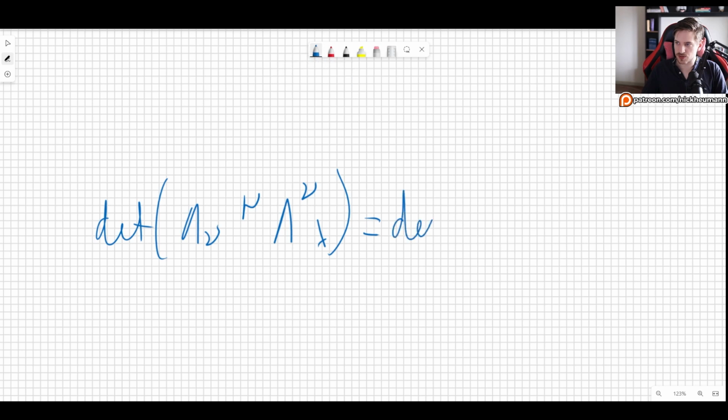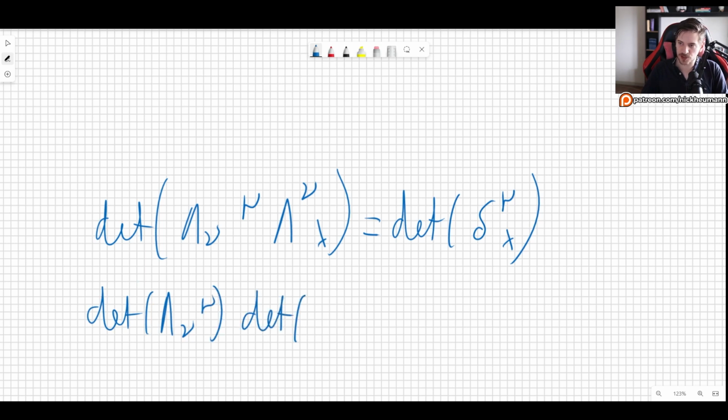So determinant of delta mu lambda. Now, what is the determinant of this? Well, it's the determinant of lambda nu mu times, right? This is properties of the determinant, lambda nu lambda. This is equal to the determinant of 1, 1, 1, 1, 1 times 1 times 1 times 1. So this is simply 1.